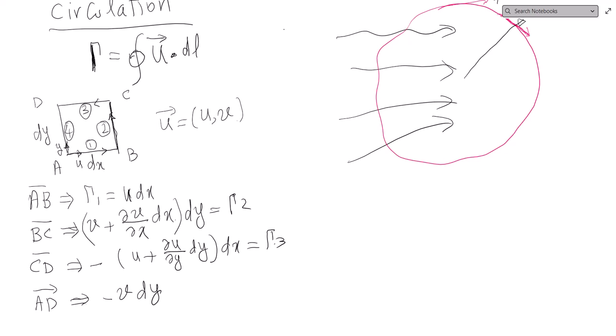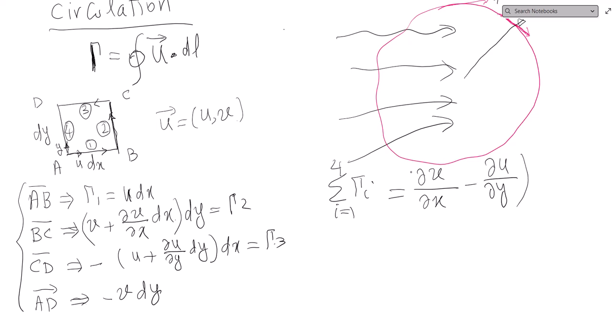Now if you sum up all of these, the sum of gamma i from 1 to 4 will give us, after some simplification, dv dx minus du dy times dA, which is dx dy. And as you see here, this is actually the omega z component of vorticity.